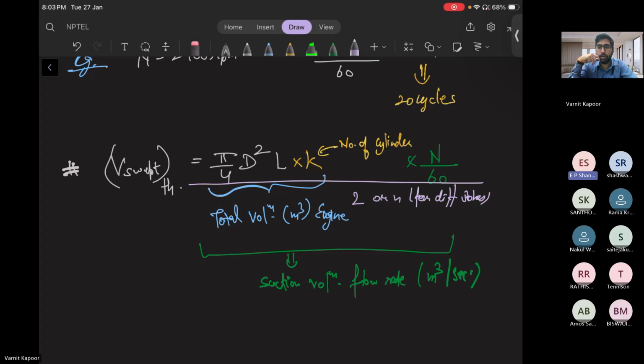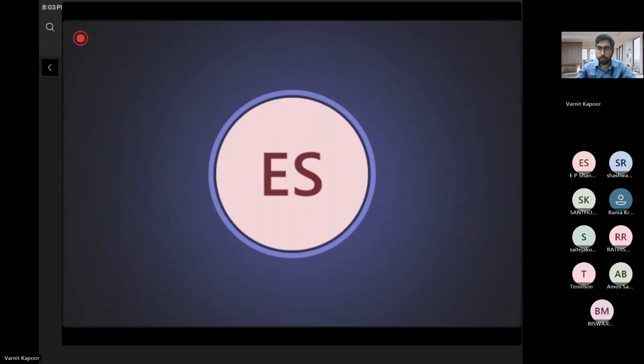Your mic switch is off. Your video is visible, your audio is not clear, because your mic switch is off in the display of the computer.